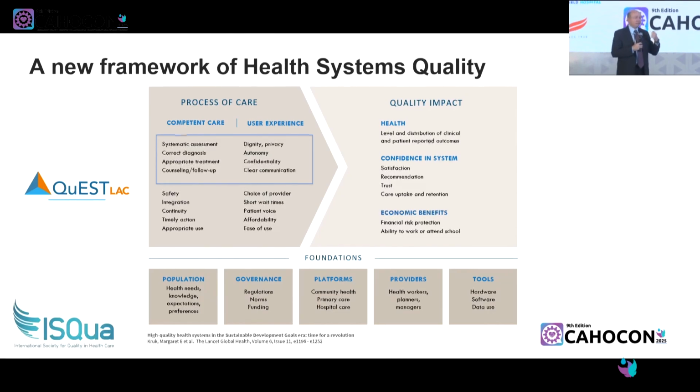So users and families have to have trust in the system, and that's the confidence built by satisfaction, recommendation, trust, and care uptake. And the trust piece is very important. You will define the health system by the trust the users have for it. So there you have the critical point of having a clear understanding of how people see their own health systems, and probably how that's related to the engagement they have had. And finally, economic benefits, because bad health systems impoverish societies. And that's a critical point to have in the future.